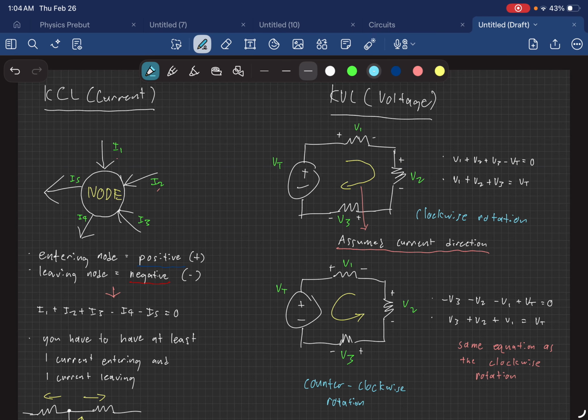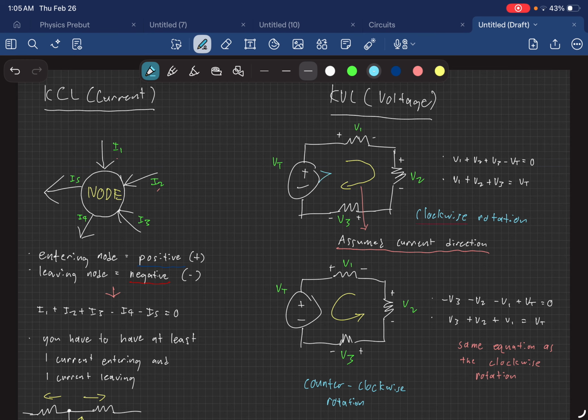So, let's say here we have a clockwise rotation. Basically, we move clockwise. You have to take note of these signs beside the resistor. We have here positive, negative, positive, negative, positive, negative.